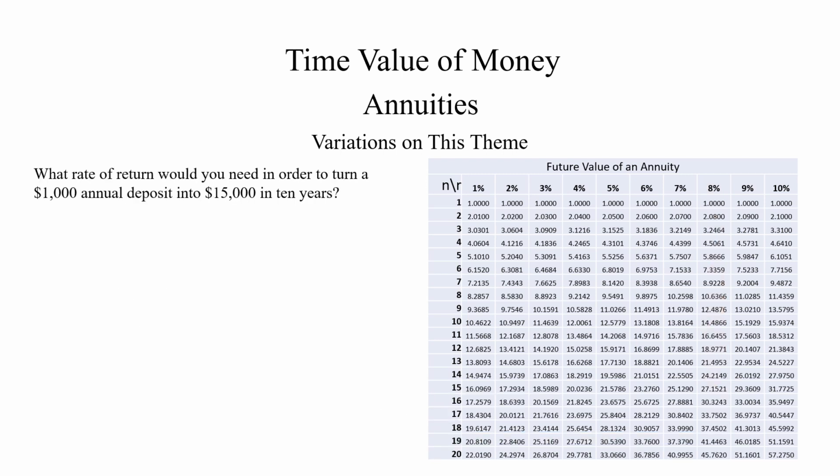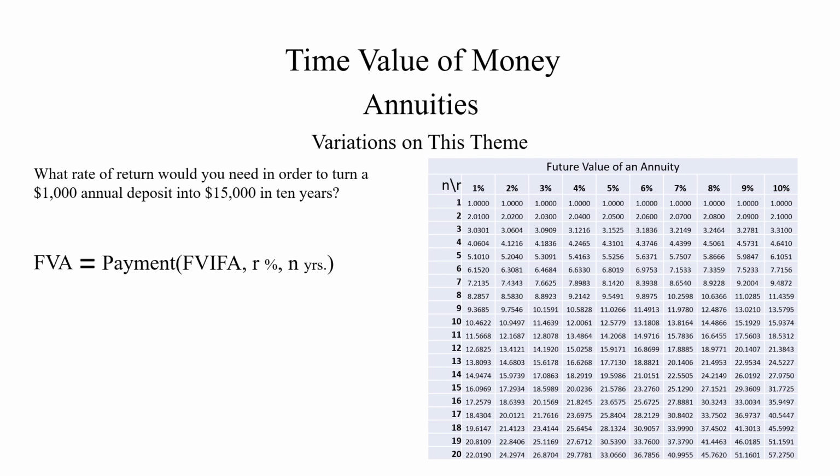Let's do one more variation before we move on to the present value of an annuity. What rate of return would you need in order to turn a $1,000 annual deposit into $15,000 in 10 years? Obviously, if you were stuffing this deposit into a pillowcase, it would take you 15 years.